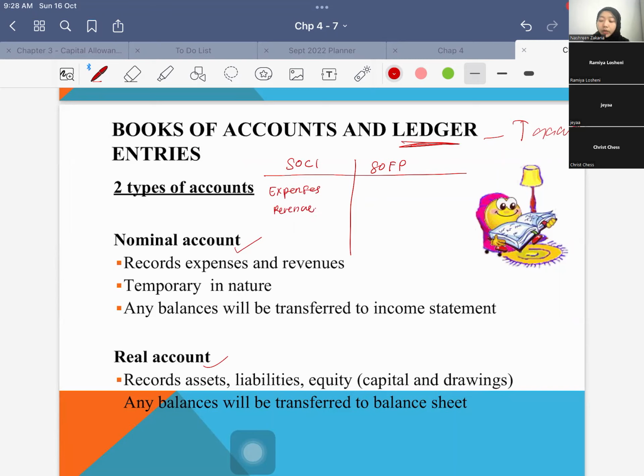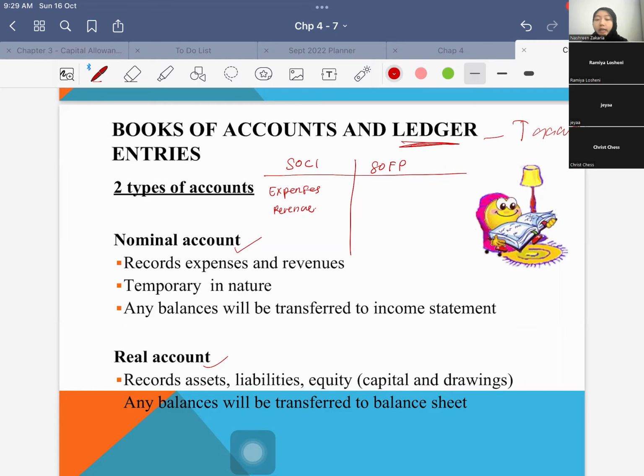Meaning that when we open up SOCI, the statement of comprehensive income, it will only have expenses and revenue. Okay, let's say the sales, telephone bill, salary, that one will all be recorded under SOCI.